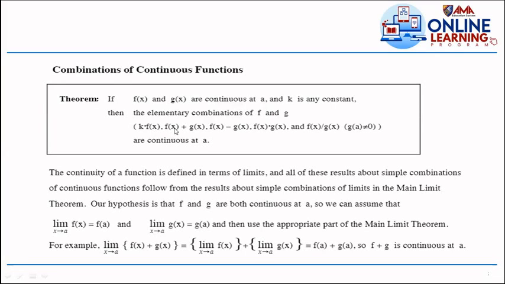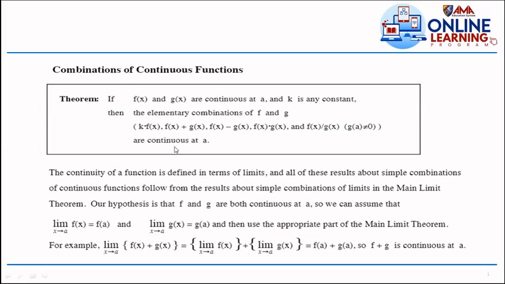The function f of x plus g of x, ito na yung addition. Sunod, f of x minus g of x, ito na yung subtraction. Parang dun sa rules of limits natin, saka dun sa theorems of limits natin. f of x multiplied by g of x, ito yung multiplication. Next, f of x divided by g of x, ito na yung division, provided g of a is not equal to 0.